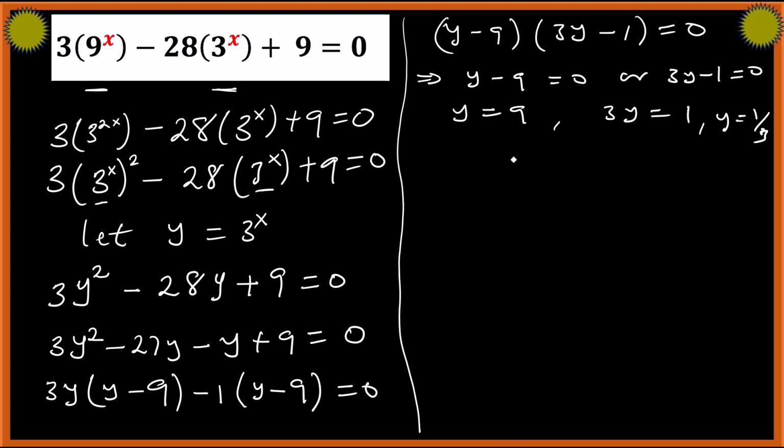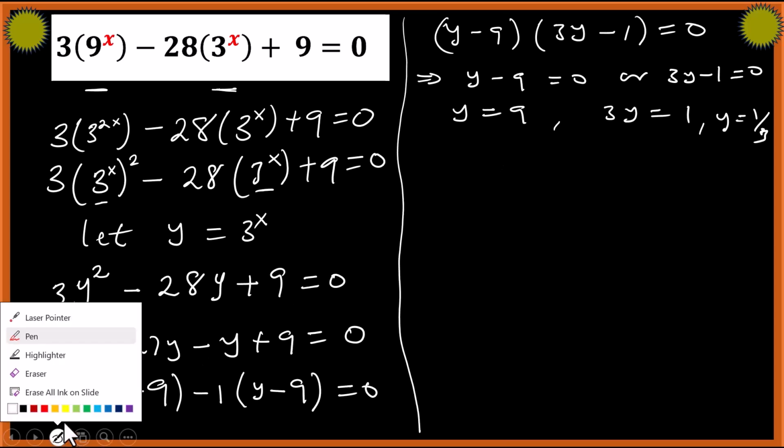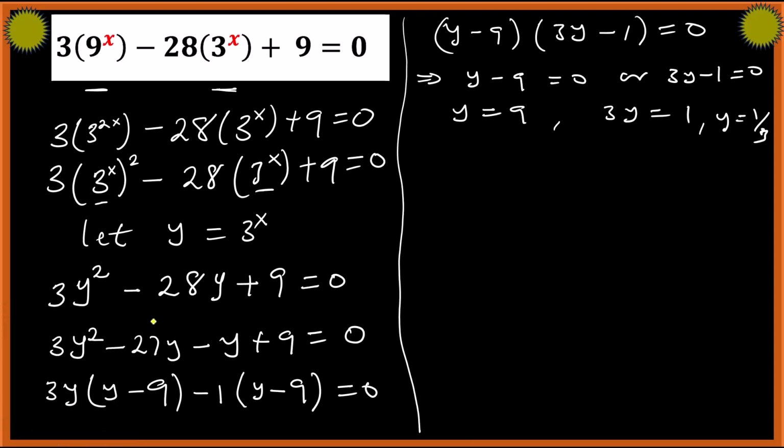But remember, we are after x, we are not after y. So let's focus. Okay, let's bring our attention here. So the first answer for y is 9. So let's do the substitution. 3 raised to x equals 9.